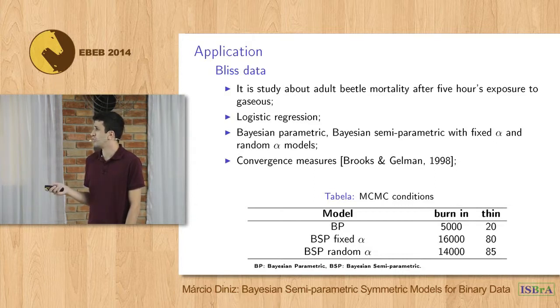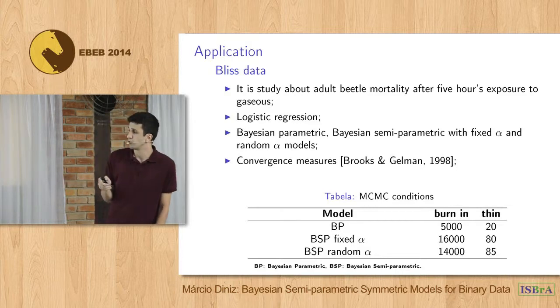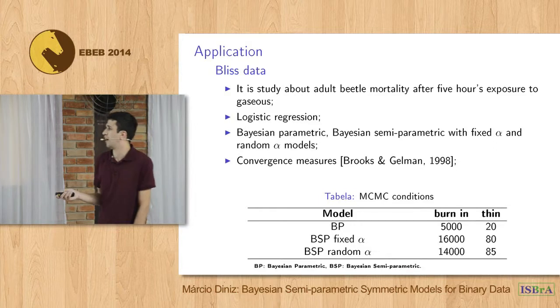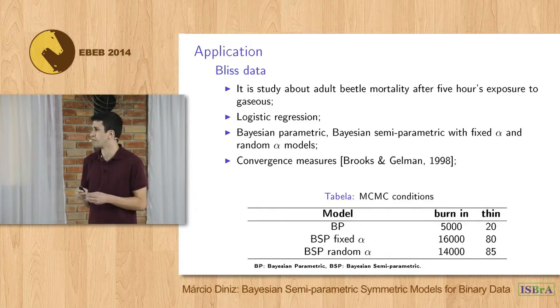In this table, we have the MCMC conditionals. It's possible to see that the Bayesian semi-parametric models require a greater computational effort, but we expected it, because our model is more general.